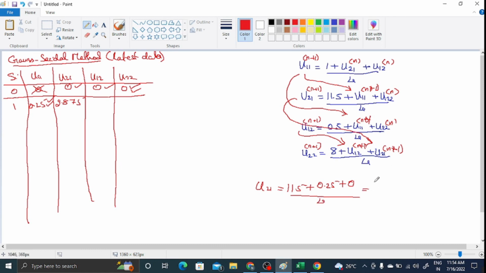So that is equal to 11.75 divided by 4, which is 2.9375, right? Okay.